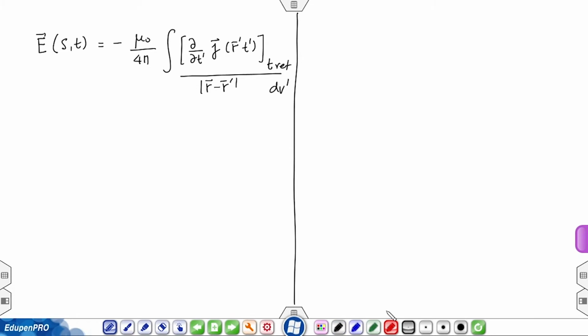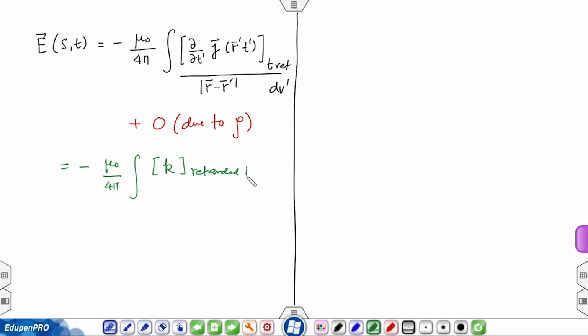The second term is 0 due to rho, because there is no rho. The time derivative is k. So, this I can write as equal to minus mu 0 over 4 pi integration k, but this is going to be at retarded time, over script r, dz prime.